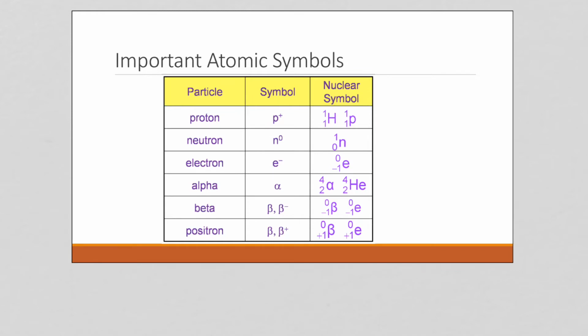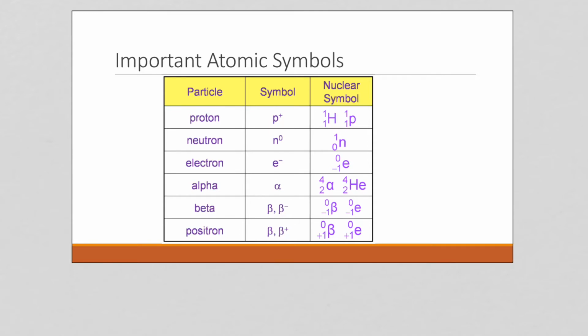What this is telling me is that the top number is the mass number, so we have a mass of 1, and the bottom number is the atomic number, so it represents 1 proton. So it's symbolized by a 1, 1. Often represented by a hydrogen nucleus, so a proton is essentially a hydrogen nucleus.